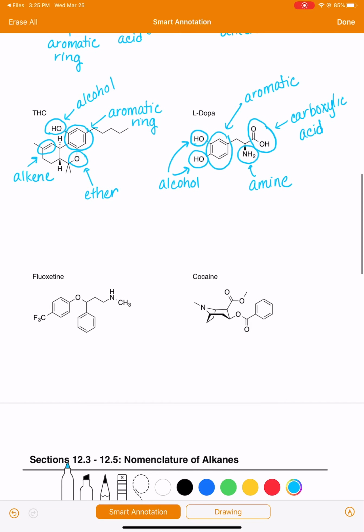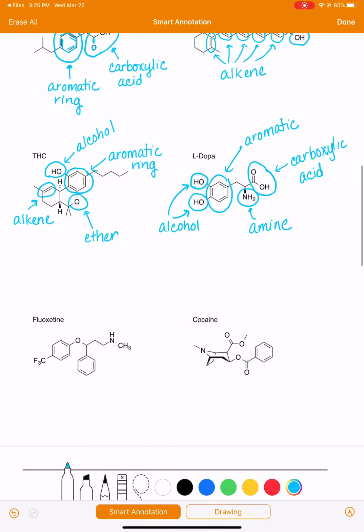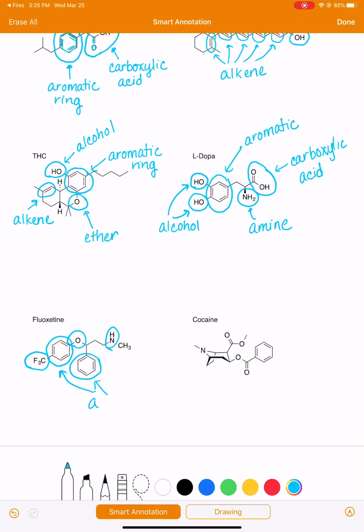Let's take a look down here. Our next one is fluoxetine. We've got a halogen right there, some double bonds, an oxygen and a nitrogen. The rings, you're definitely going to be recognizing those by now. So that's our aromatic.